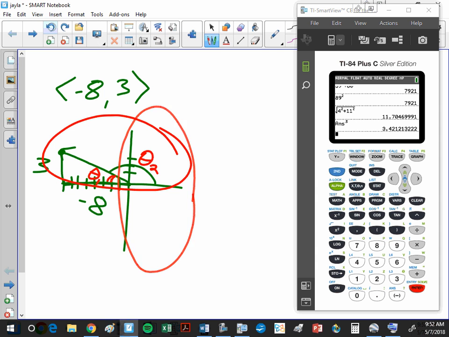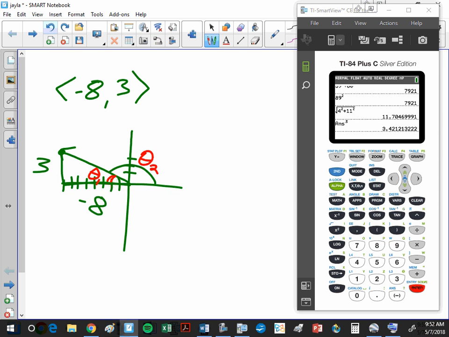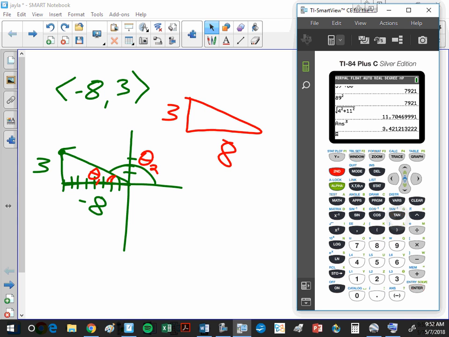So what we're going to do is pretend that we're not in quadrant 2. So we're just going to lift this triangle out into space, forget the negatives, and then do the inverse tangent of 3/8, and I get 20.5 degrees.